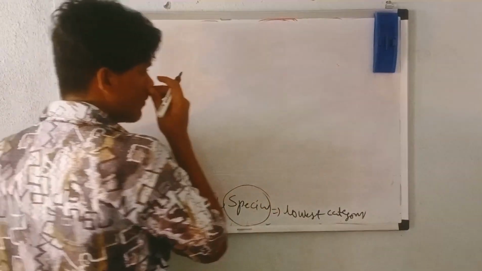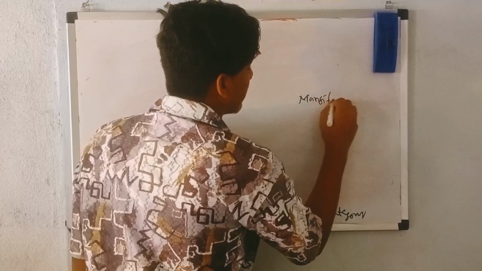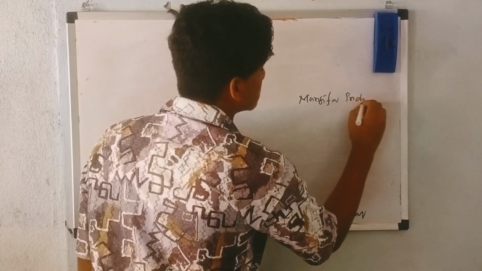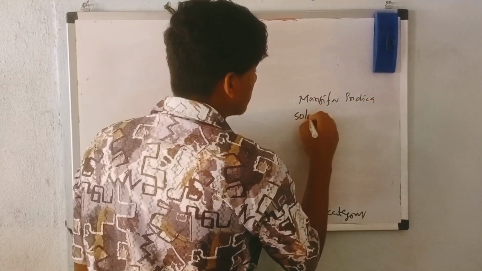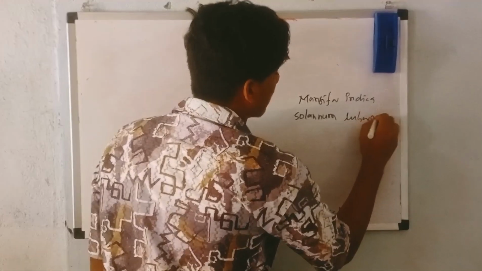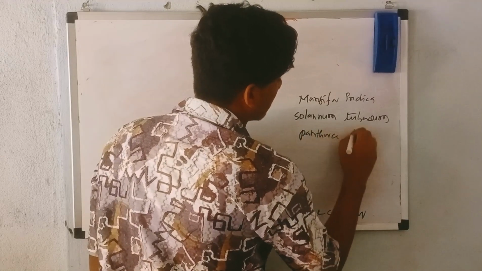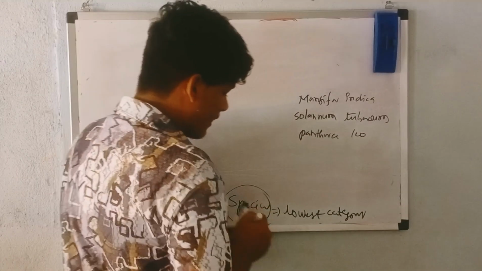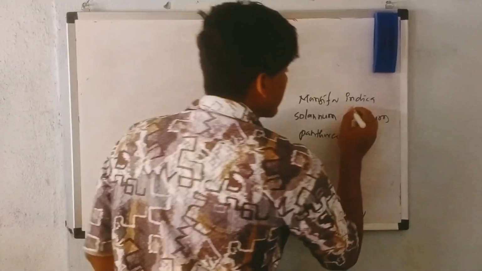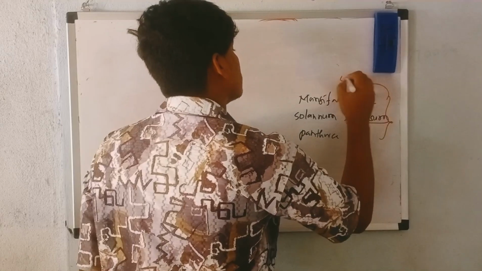For example, Mangifera indica, which is the scientific name of the mango, and Solanum tuberosum, and Panthera leo. Here indica, tuberosum and leo represent the species.